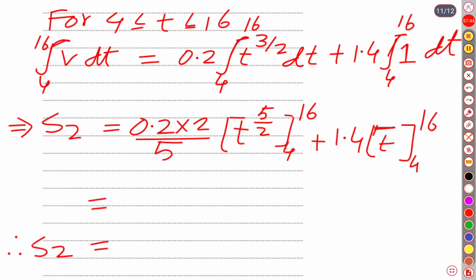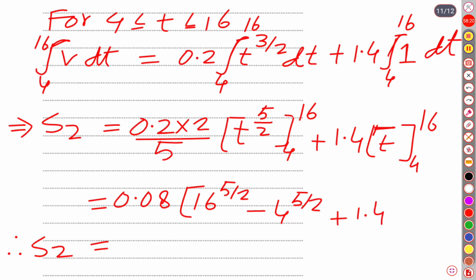If it is 4 until 16, it is going to be 0.08 times 16 raised to 5 over 2 minus 4 raised to 5 over 2, plus 1.4. From 16, if 4 is subtracted, it is going to be 12.